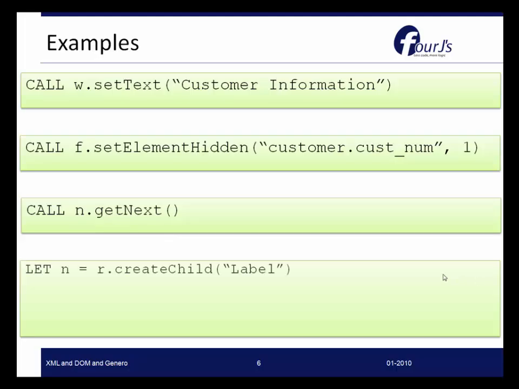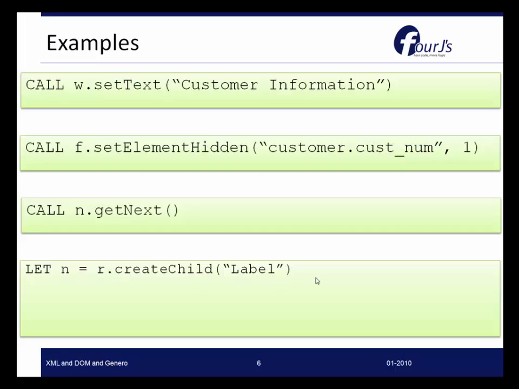And lastly, assuming n is a node, we're going to create a new child in the tree. So another method that you might see or want to take a look at is create child, where we're actually creating in the tree a new child node from a particular position that is of type label.